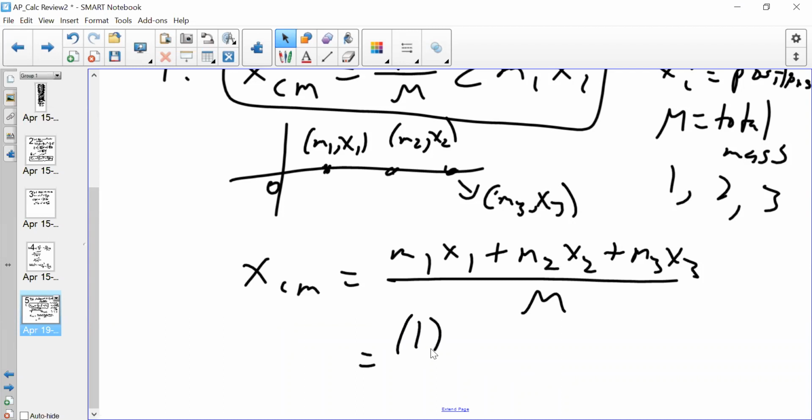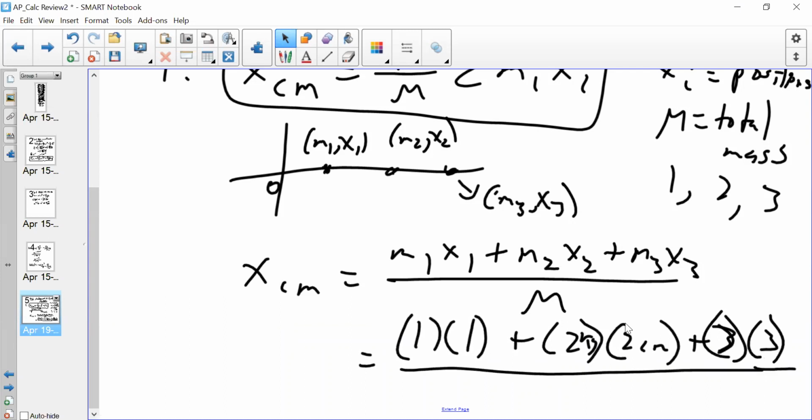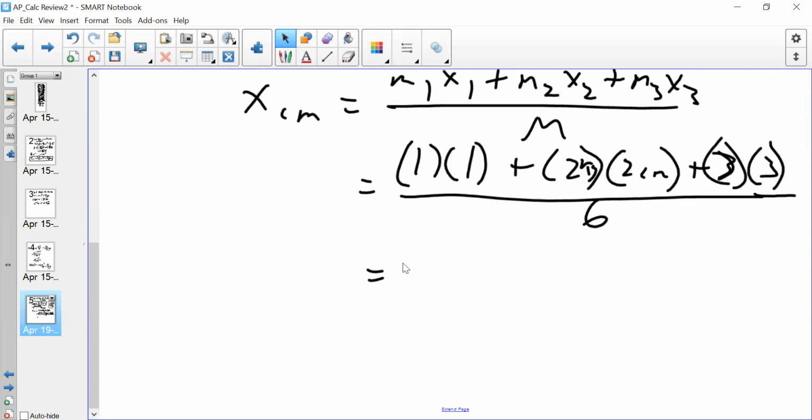So 1, so this is 2 kilograms and 2 centimeters, 3 and 3, over, what's that? 3 is 6. The total mass in the system. So 1 plus 4 plus 9 is 14. 14 over 6. That'll be the center of mass of that collection.